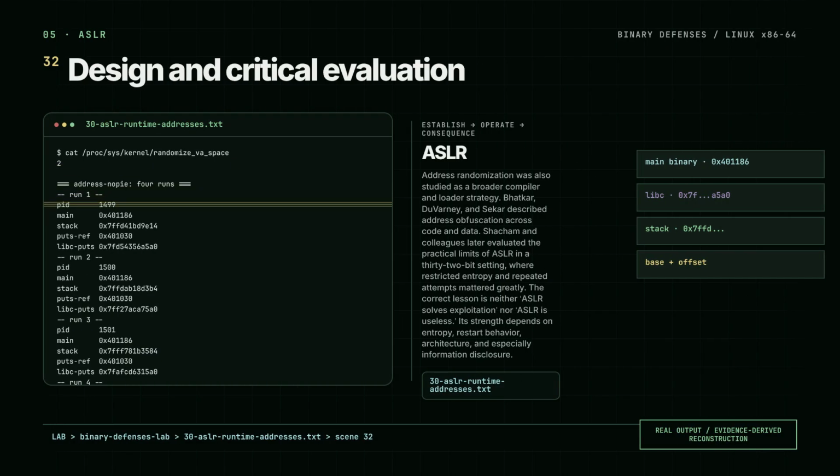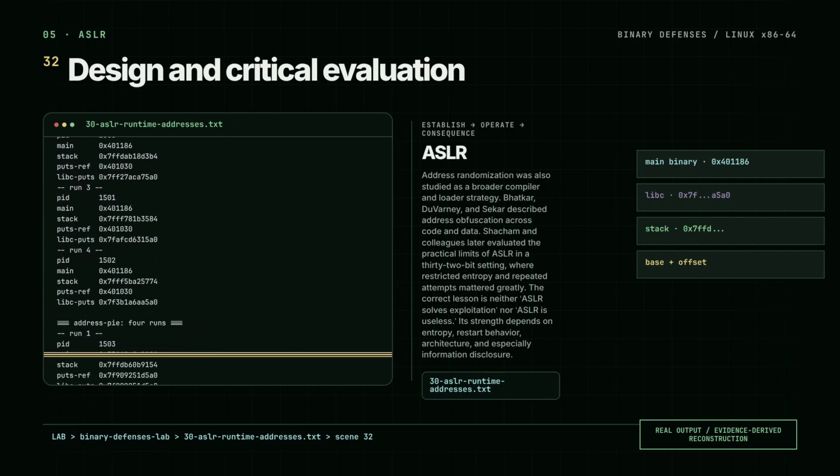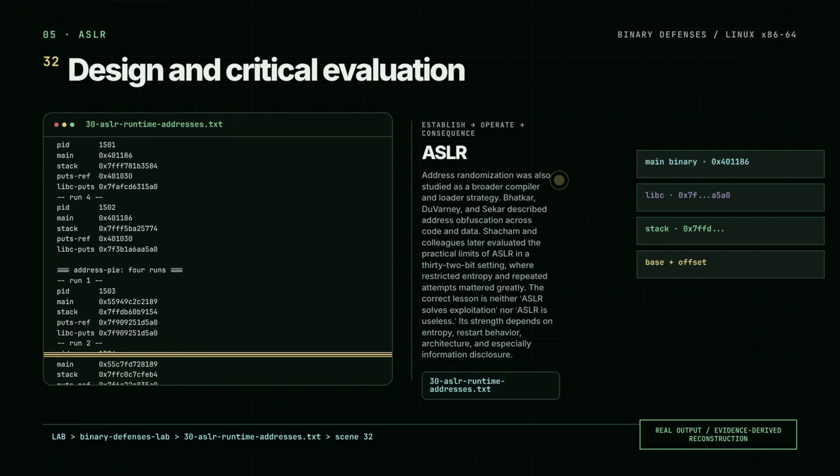Address randomization was also studied as a broader compiler and loader strategy. Bhatkar, Duvernay, and Sekar described address obfuscation across code. Shacham and colleagues later evaluated the practical limits of ASLR in a 32-bit setting, where restricted entropy and repeated attempts mattered greatly. The correct lesson is neither that ASLR solves exploitation, nor that ASLR is useless.